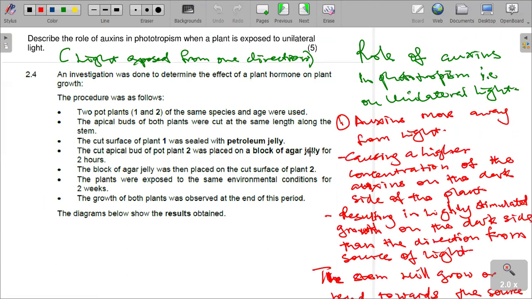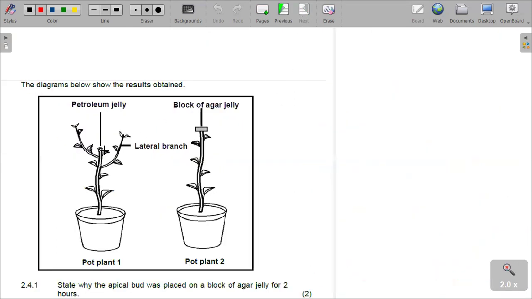The procedure is that there are two plants, 1 and 2, of the same species and age, and the apical buds of both plants were cut at the same length along the stem.